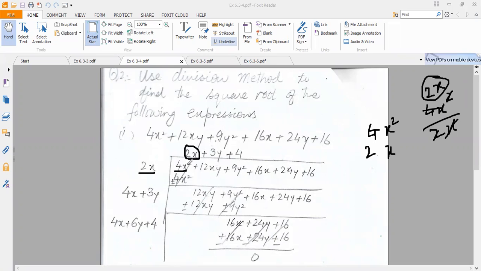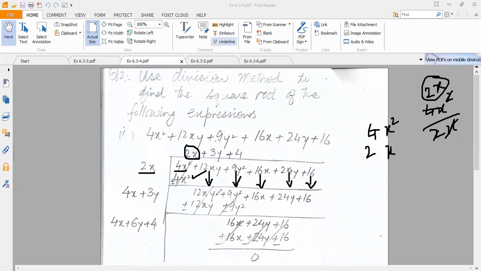Now 2 twos are 4, and x multiplied by x is 4x square. Now what is left? 12xy plus 9y square plus 16. You will just write down the full expression with the leftover terms.